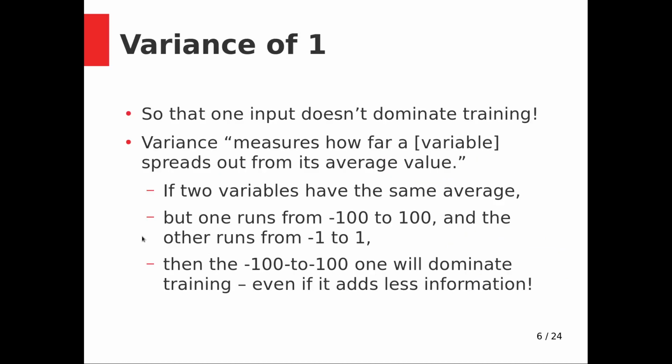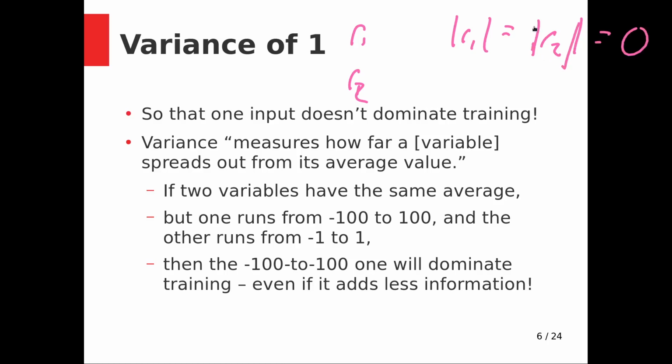Variance of 1, right? So we want a variance of 1 so that one input doesn't dominate training. What does variance mean? Variance measures how far a variable spreads out from its average value, right? So if we have two random variables, right, that we're looking at possibly as input, they might both have an average of 0.